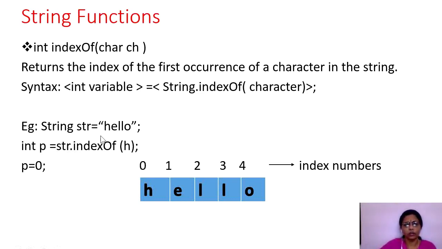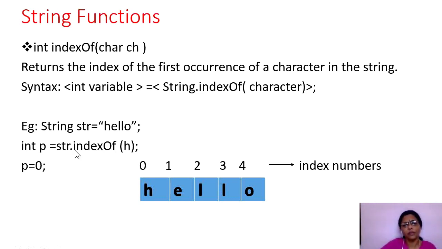And what is my function doing? str dot indexOf means from this hello, get me the index number of h. If h is present in that particular string, the position at which h is present will be stored in this variable called p. Where is h present in the string? It is at index number 0.